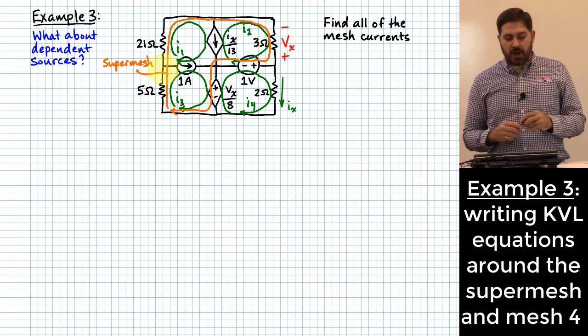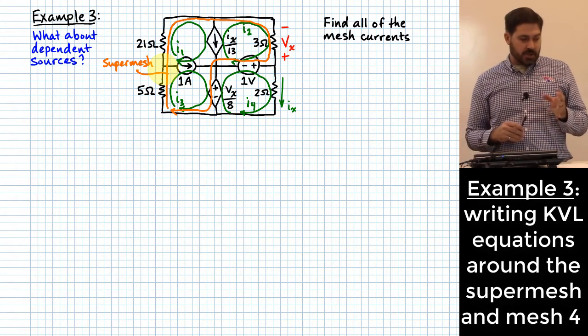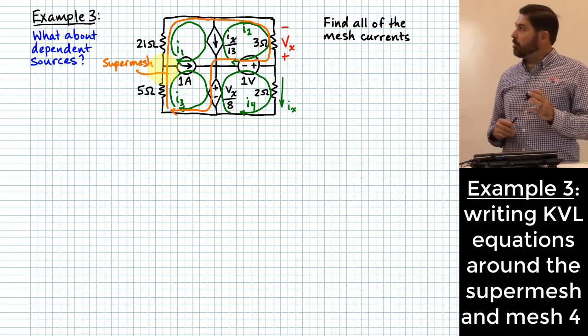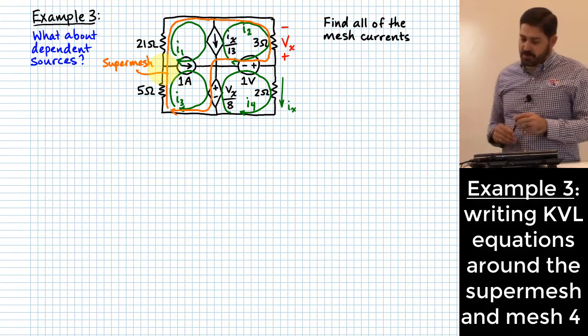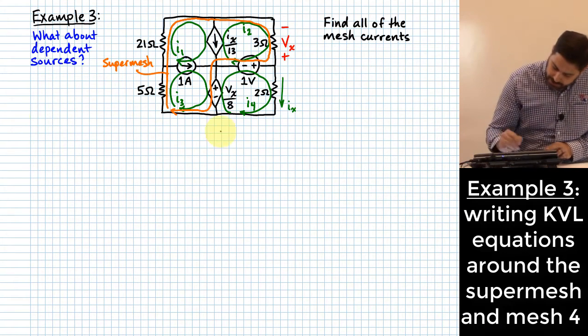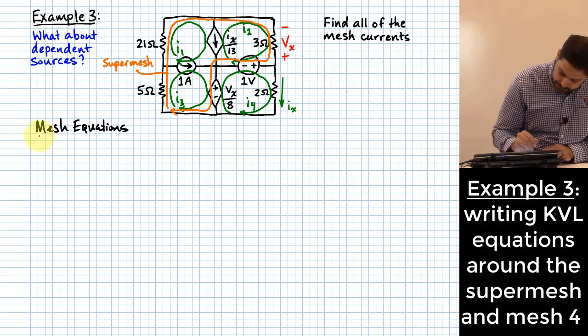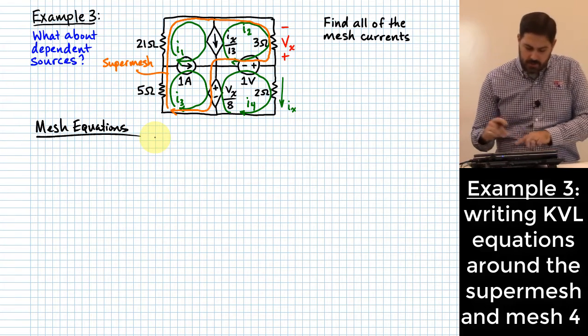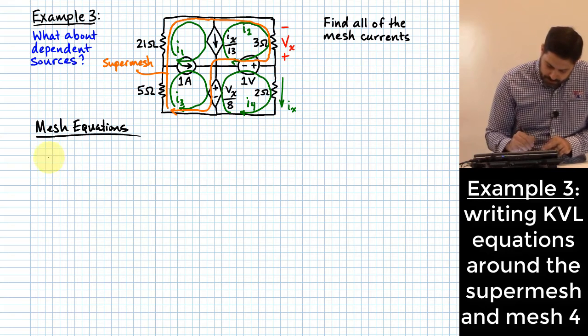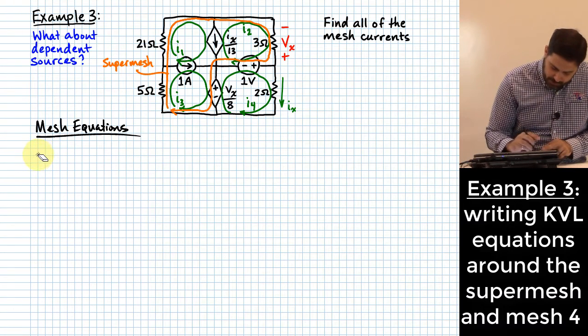Then we can write KVL equations around each of our meshes or super meshes. So that's our next step. I'll put a heading right here, mesh equations, and here I'll label it super mesh. We'll start with that one.